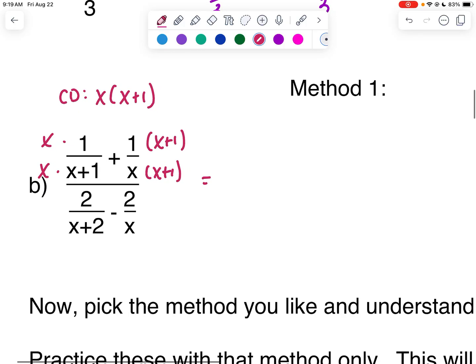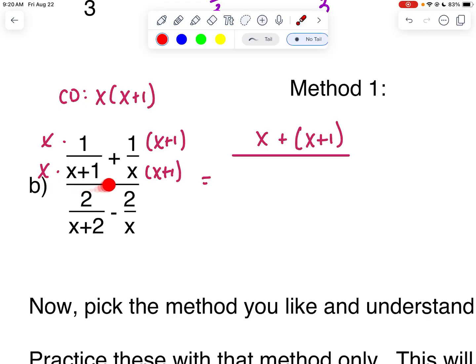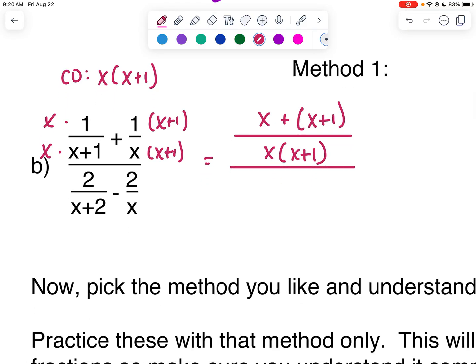And here we go. I get x all over, and I'm just going to combine my fractions. So I have x plus 1 times x plus 1. And then again, my common denominator is going to be x times the quantity of x plus 1. All over.